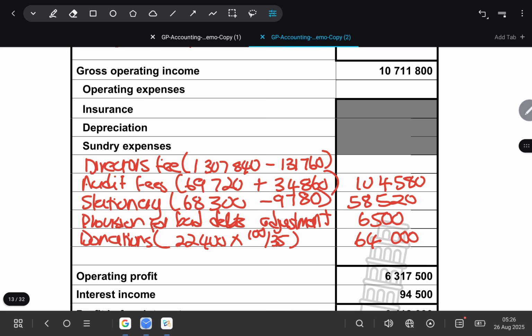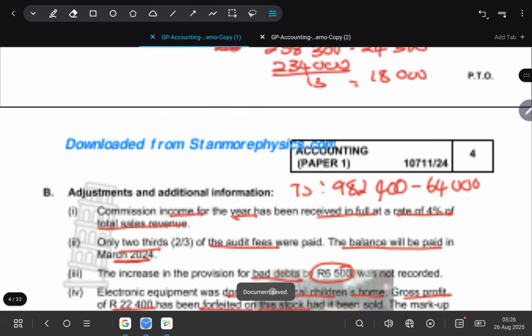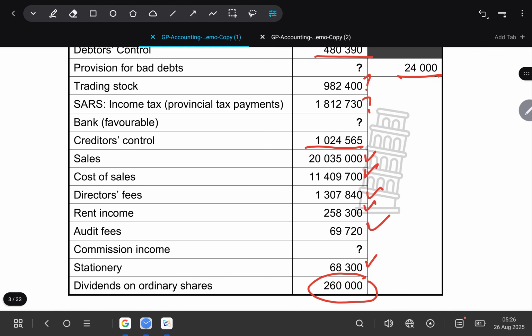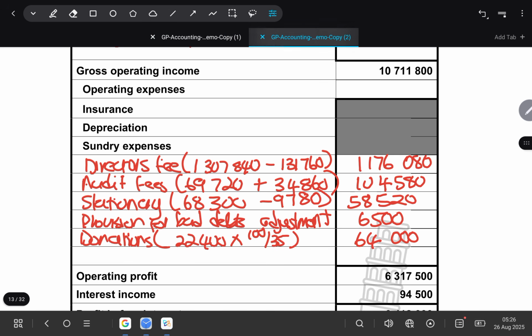So if we say 1,307,840, then we say minus 131,760, that is going to give us 1,176,080. Let me just confirm. Director's fees amount at 1,307,840. Okay, so that amount is fine.